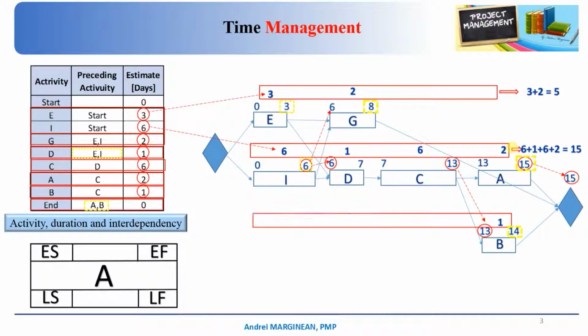And we have on the third path 6, 1, 6, and we come here to 1, totally equals 14. So in this respect, the critical path is the longest activity sequence.